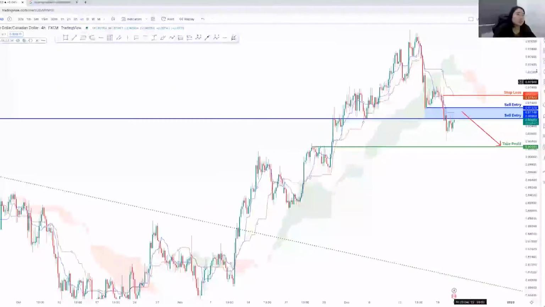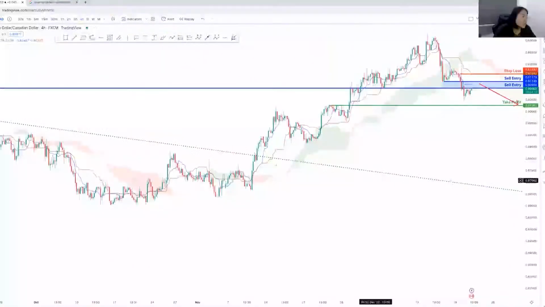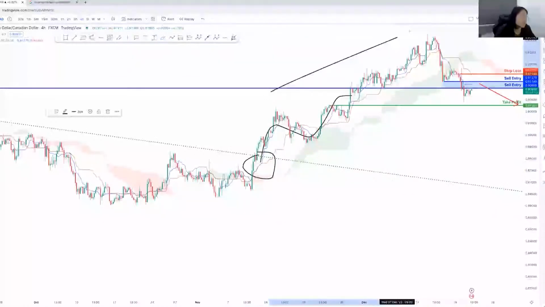Okay, so there's two rules that I follow with Ichimoku. Number one, if price is moving above the Ichimoku cloud, like this, it means it's on an uptrend.